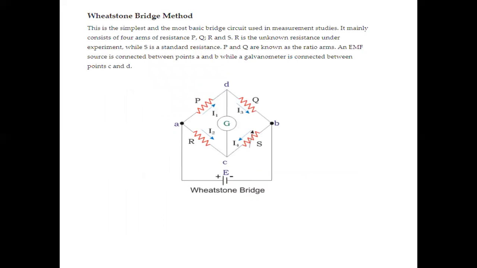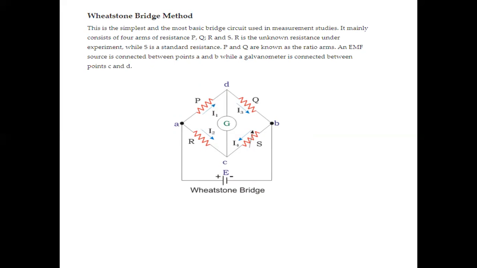The first method used for measurement of resistance is the Wheatstone bridge method. This is the simplest and most basic circuit used in a measurement study. It mainly consists of 4 arms of resistances P, Q, R and S. R is the unknown resistance under this experiment, while S is the standard resistance.